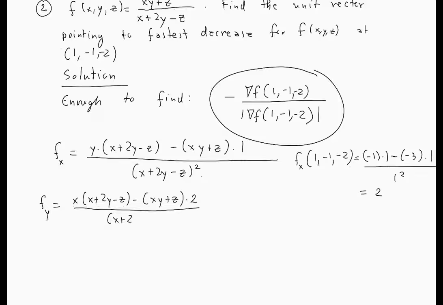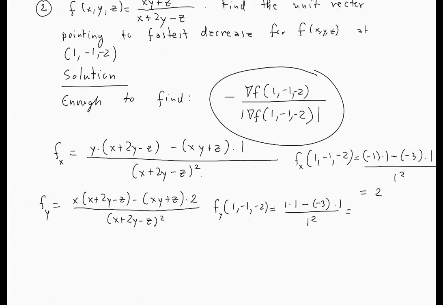So this will give you f sub y at (1, -1, -2). It's a very similar computation. So we will have 1 times 1 minus -3 times 1 over 1 squared. So that will be 1 plus 3, which is 4.